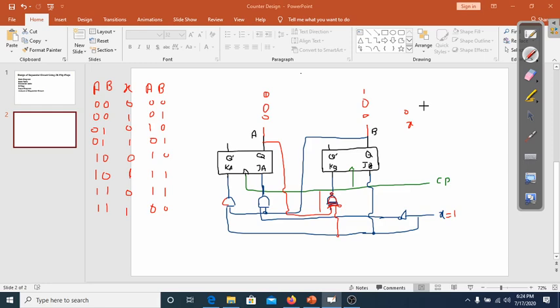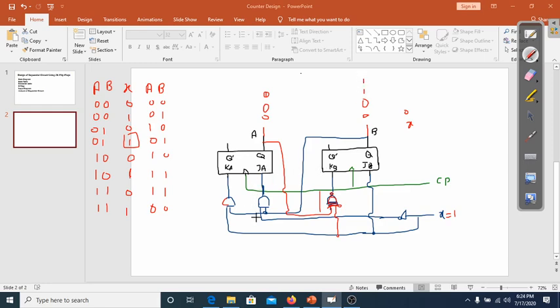Now check some other state. When we have present state 0 1 and input is 1, the next state should be 0 1. So here I'm using x is equal to 1. This is the present state. When x is equal to 1, here JB is equal to 1, and KB would be equal to 0. So there will be no change. The present state will remain same.